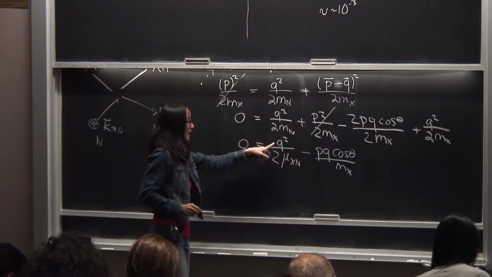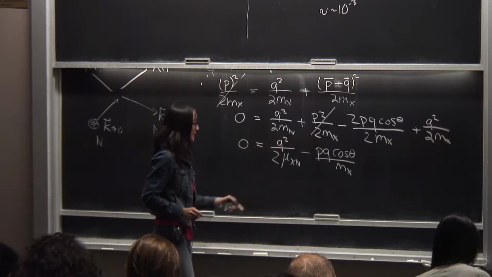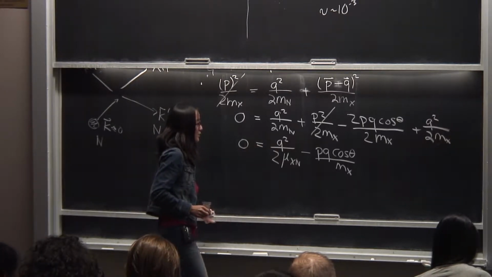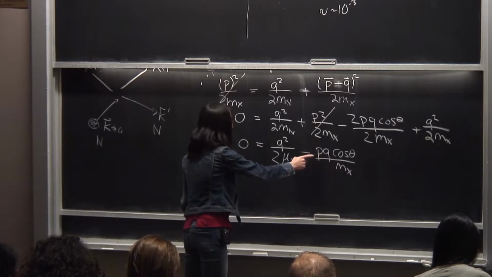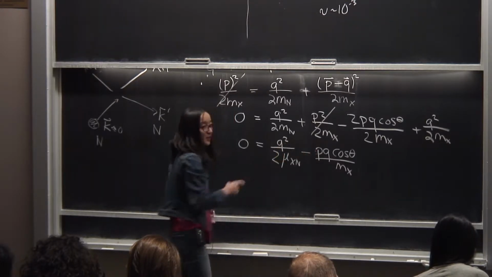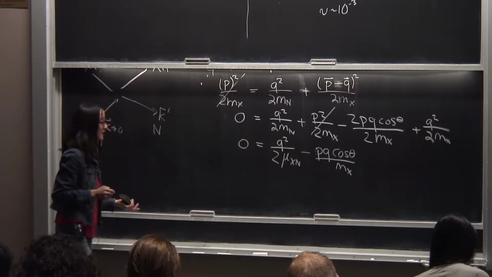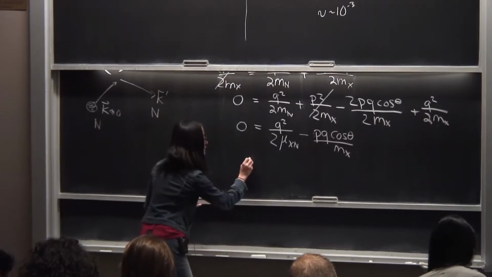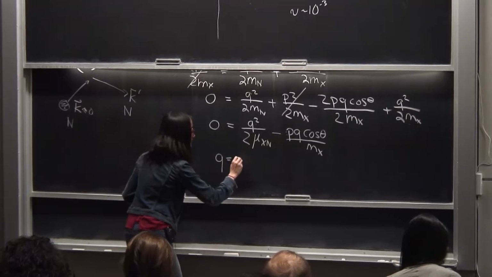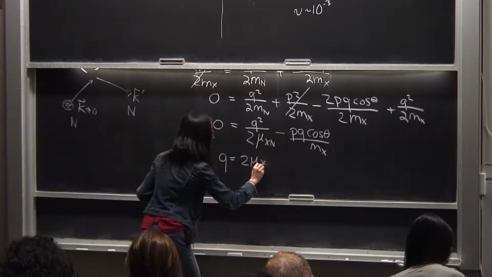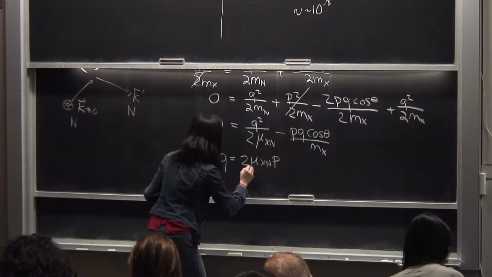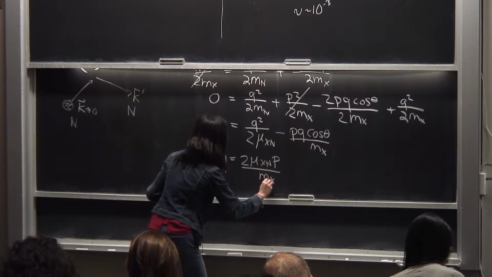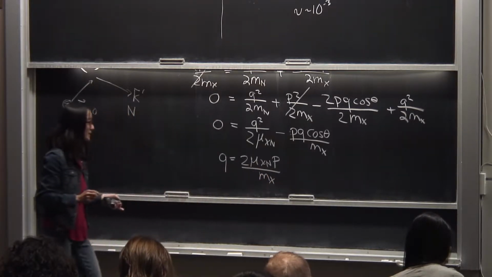And if I cancel out the q's, then I get a relation between the initial momentum and the momentum transfer of the event. And I have a cosine theta.